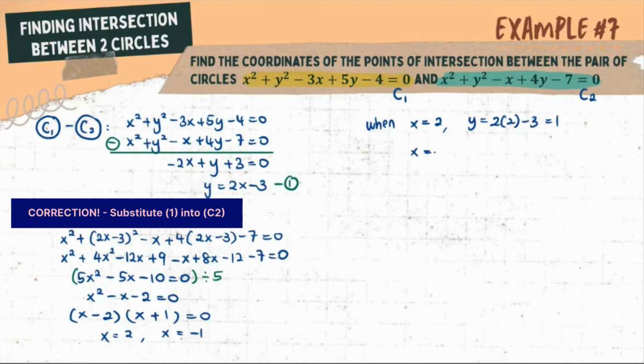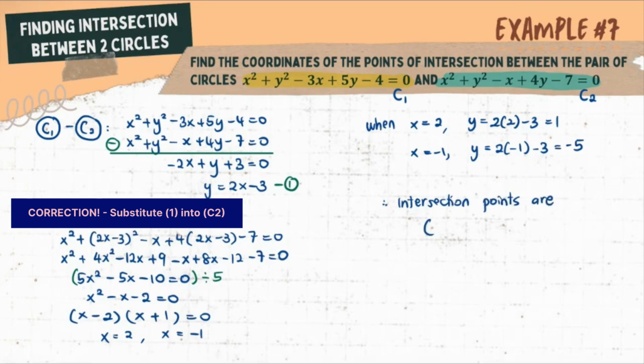And when x equals negative 1, y equals 2 times negative 1 minus 3, so negative 5. So therefore, the intersection points are (2, 1) and (negative 1, negative 5).